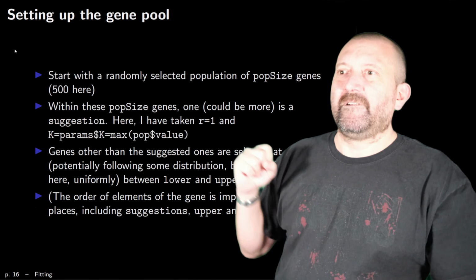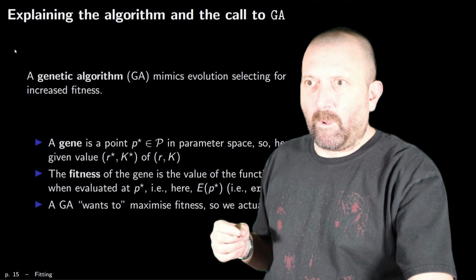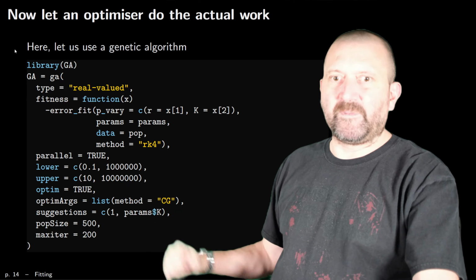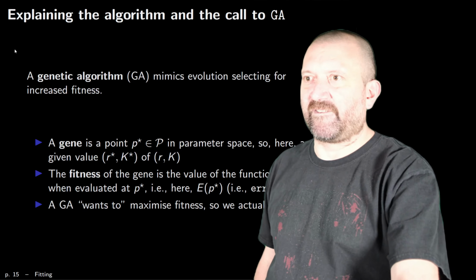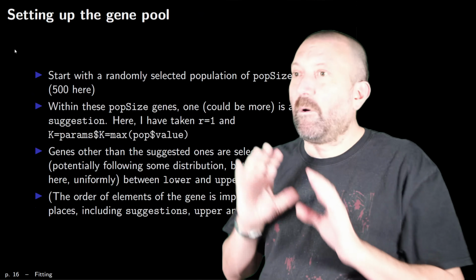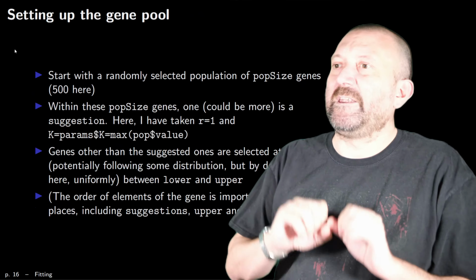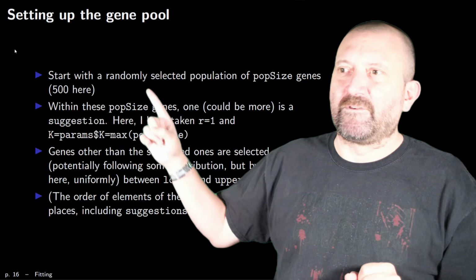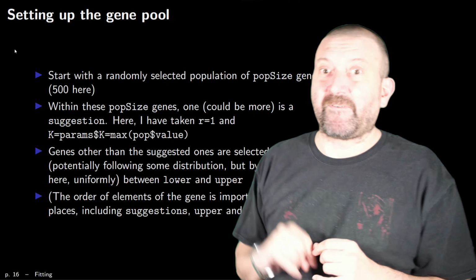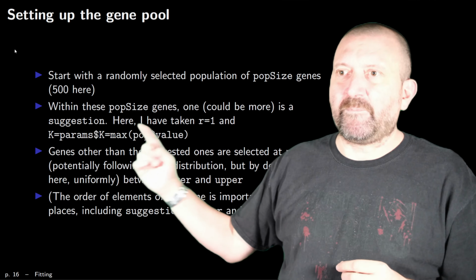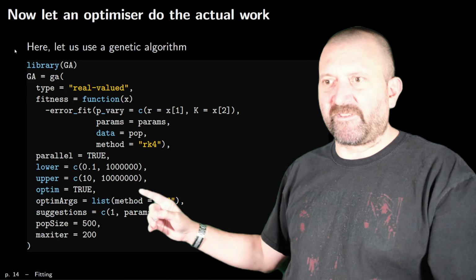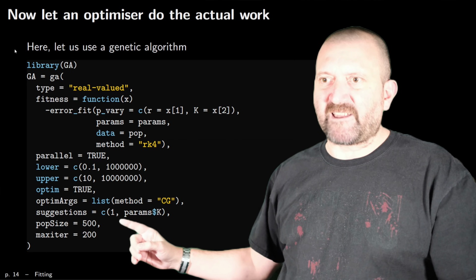So what happens? If you go back here, you'll see at the bottom I have the population size. The population size is how many genes, so how many different points in parameter space I'm using. I'm using 500. And I can specify some guesses, and you can see here what happens with my suggestions.